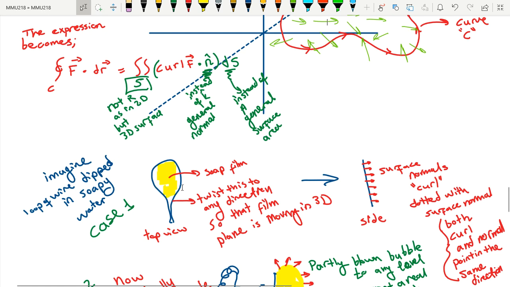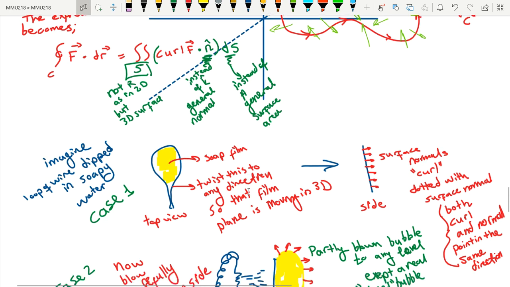In this case, there's no open end, it's a field. So I'm just taking the line integral around it to understand the flux around the surface.